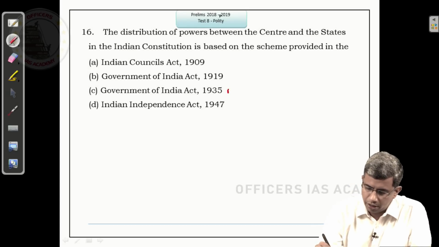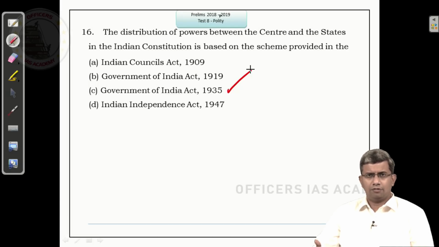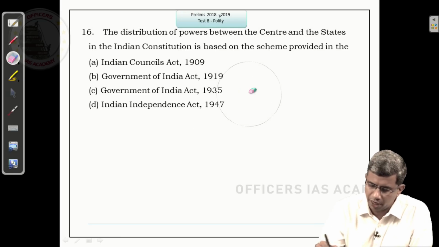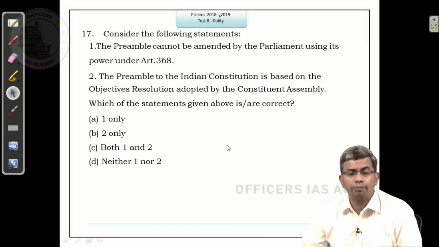The entire Indian Constitution, Schedule 7, is based on the distribution of powers. A lot of administrative provisions in the Indian Constitution are directly influenced by the Government of India Act 1935, because we were used to that governance, so we continued with those provisions even after independence in the form of our sovereign constitution.